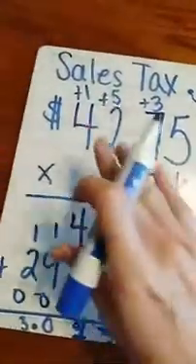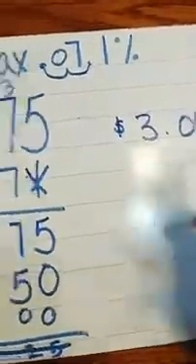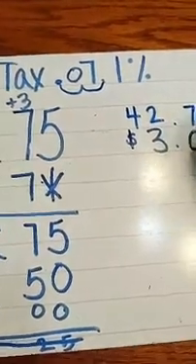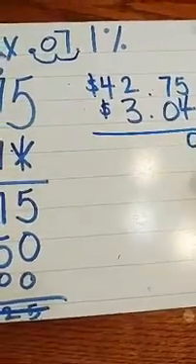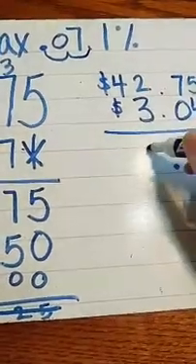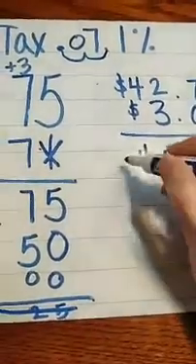If they're asking how much the total price is, you're not done, because we need to take the price of our item and add it to our tax. So I'm going to put my price of my item over here, and I'm going to add it to my tax. 5 plus 4, 9. 7 plus 0, 7. 3 plus 2, 5. 4 plus 0, 4.